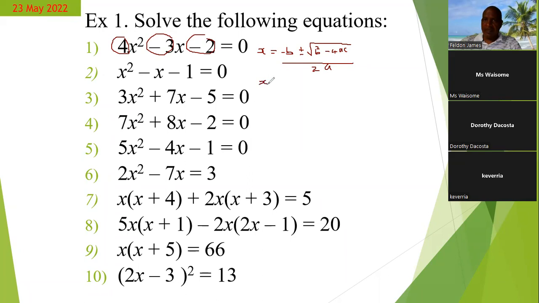So if we plug in those values, you would get minus minus 3 plus or minus the square root of minus 3 squared minus 4 times a, and a would be 4, so it's 4 times 4 times minus 2.